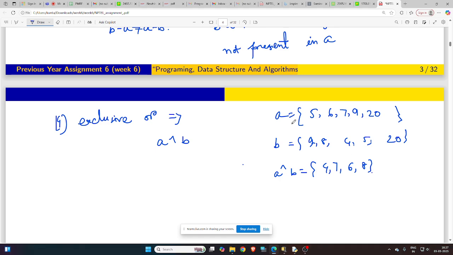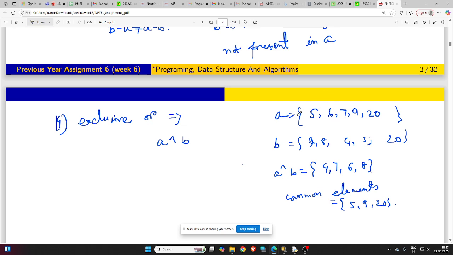So what does 4, 7, 6, 8 mean? Like A, B, what are the common elements? Just write here common elements. Common elements were 5, 9 and 20. So A to the power B, that means exclusive OR of A and B sets, is nothing but the elements of A and B which are not common to the A and B sets.